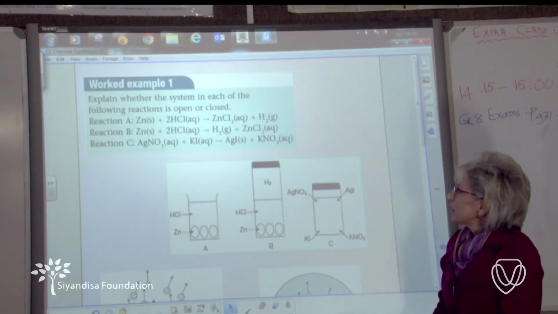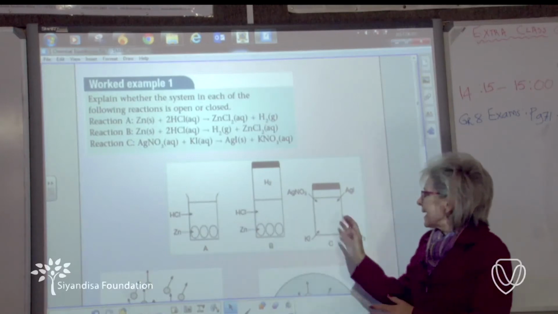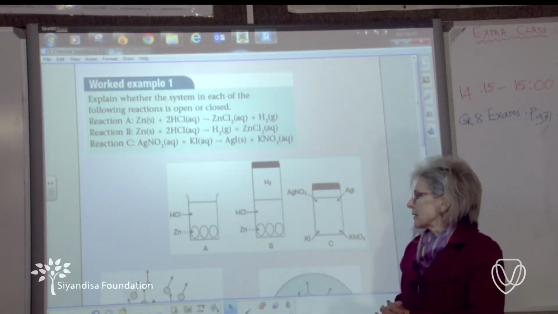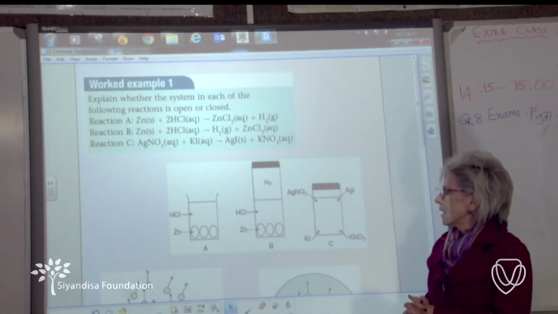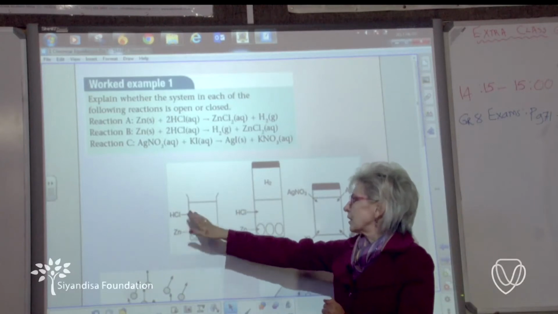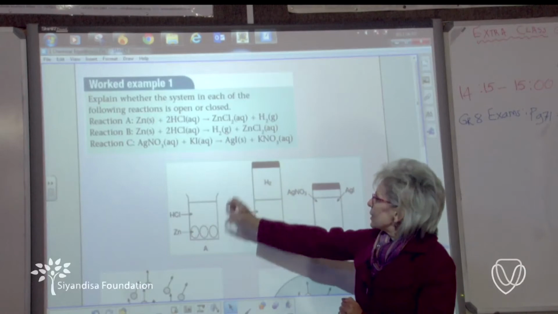So here we've got, just to start off with the basics, 3 containers, and the question is which ones here will represent a closed system or an open system. Our previous example of iron filings with hydrochloric acid, or as we've got here, zinc with hydrochloric acid. Which one is open or closed?